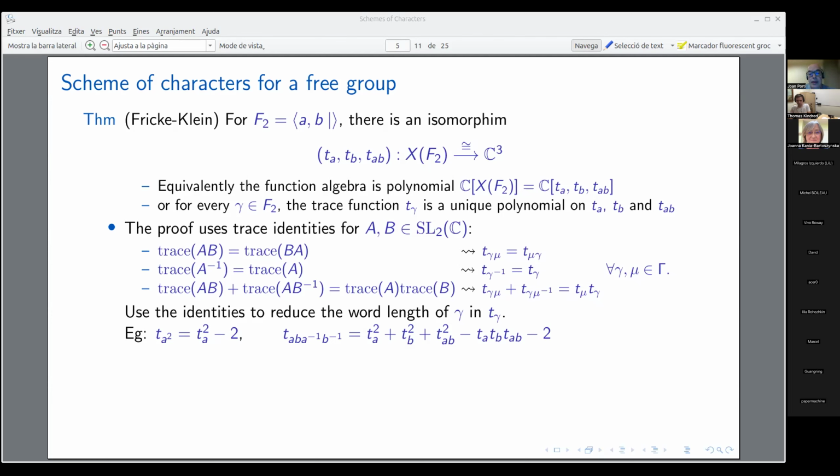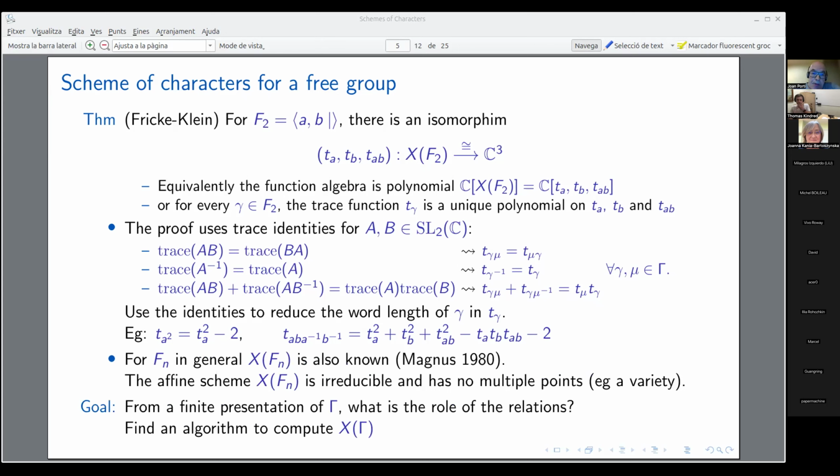Another one, you have to work a little bit more. If you take a commutator, a times b times a minus 1, b minus 1, what you get is this polynomial. And so on. You could work forever on that. I mean, that's very explicit, that's computable, and that's not complicated.